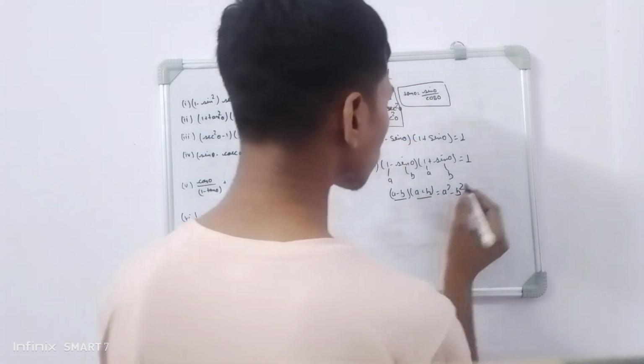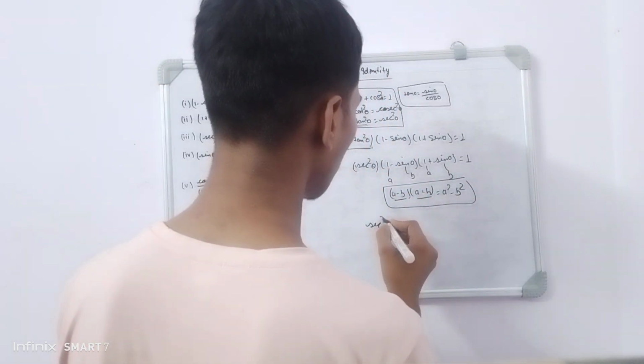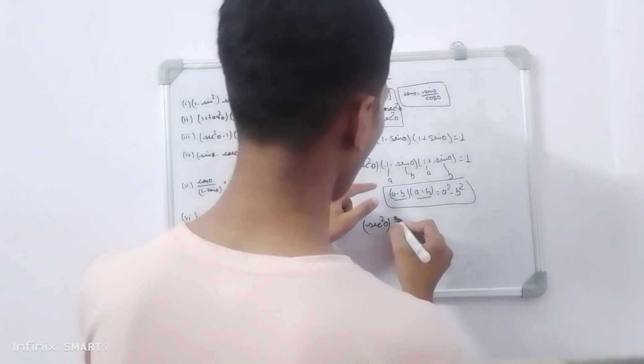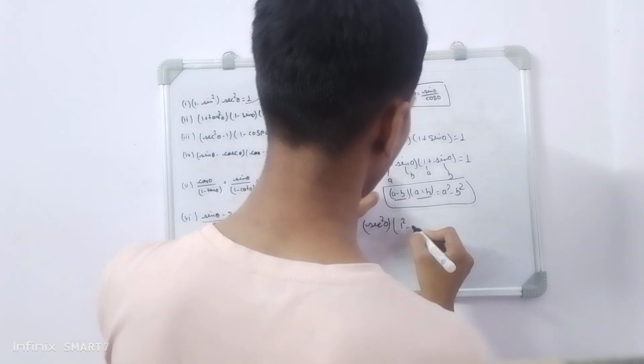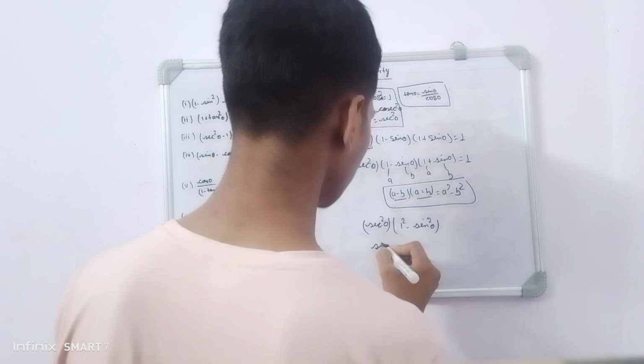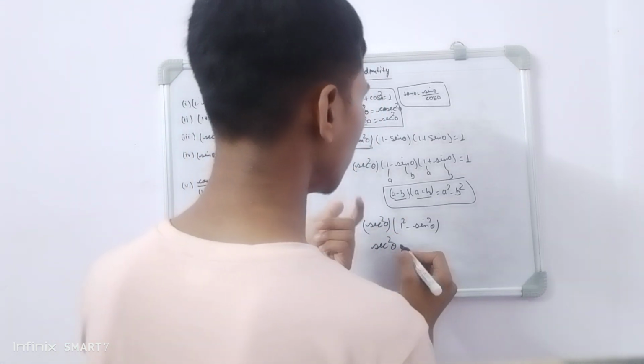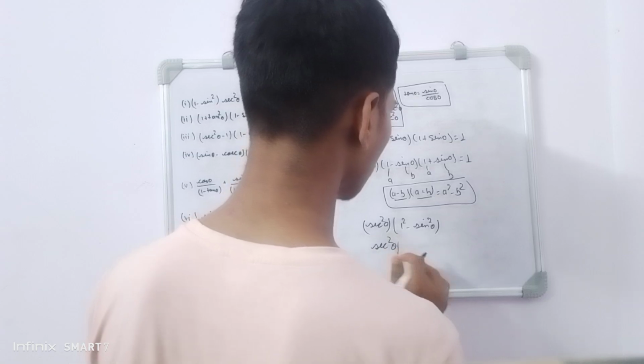So using this identity, you could write sec square theta, which is already written, and the other part can be written as 1 square minus sine square of theta. The square of 1 is equal to 1, so it becomes 1 minus sine square of theta. And what is 1 minus sine square of theta? As we get this in the square form, we have to use the identities. Using the first identity, when you keep cos square theta on this side, it becomes 1 minus sine square of theta.